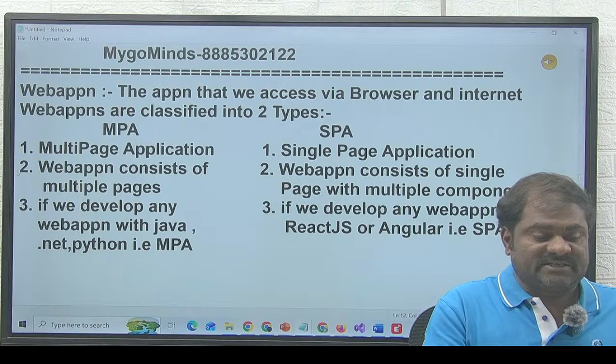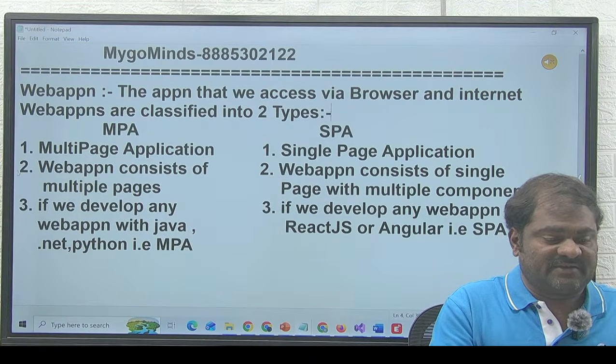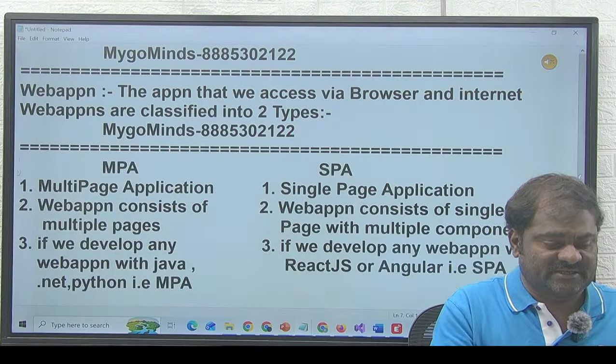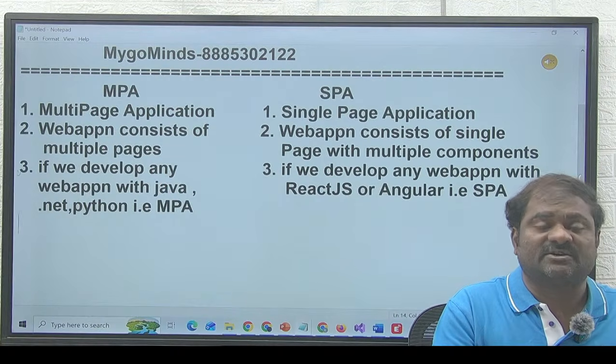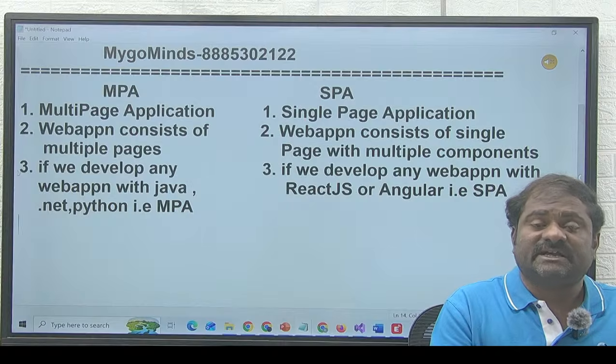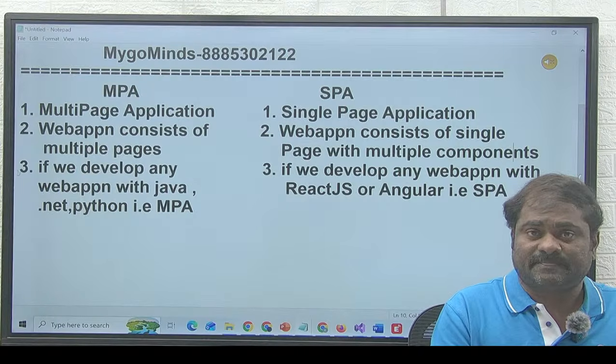So web applications are basically divided into two types. One is multi-page application, the other one is single-page application. Multi-page application means the application consists of multiple pages. Single-page application means the application consists of a single page with multiple components.